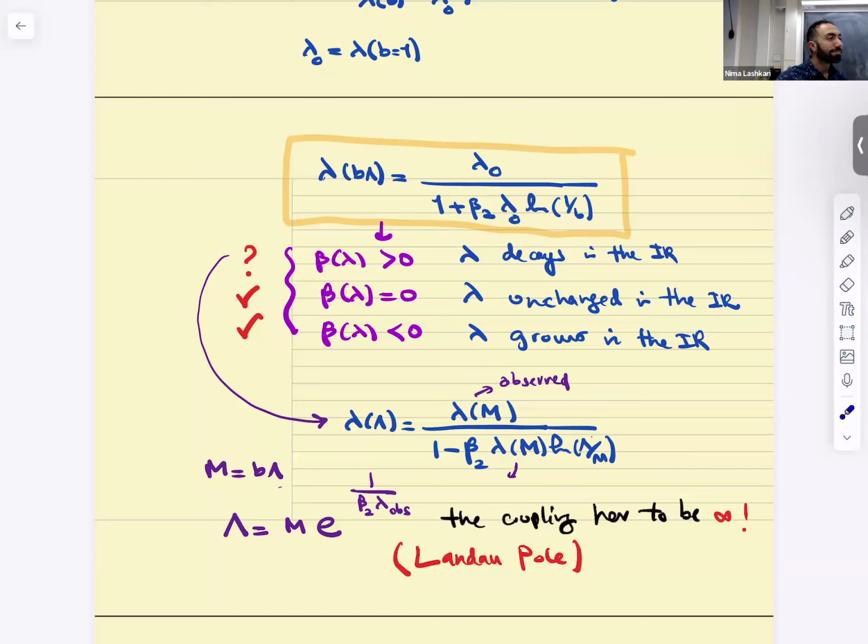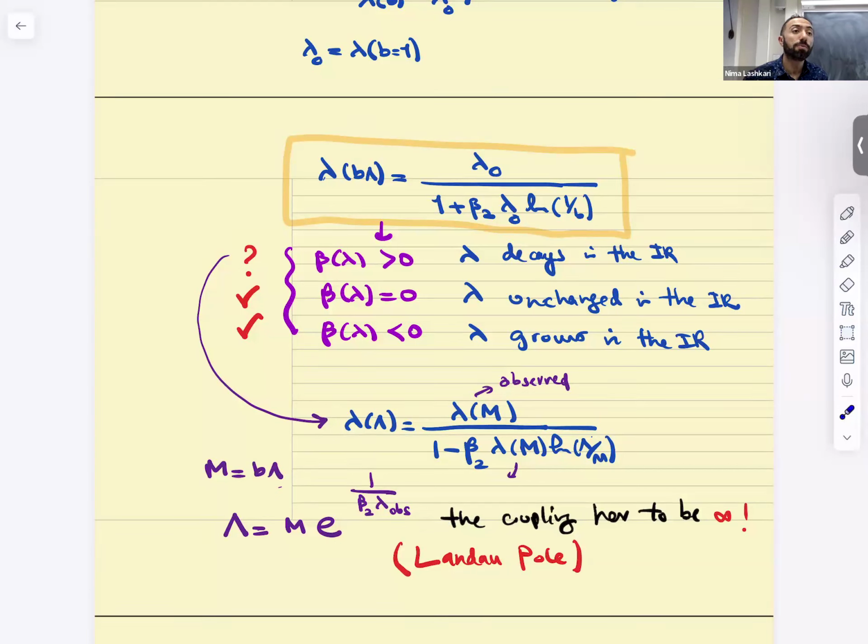Right? How do you calculate that? That's a scale. We could just find the pole of this. It's exponentially large. Of course, you cannot trust this calculation at that point. This was a one loop calculation, right? But the one loop calculation gives you something super sick. This is called a Landau pole.